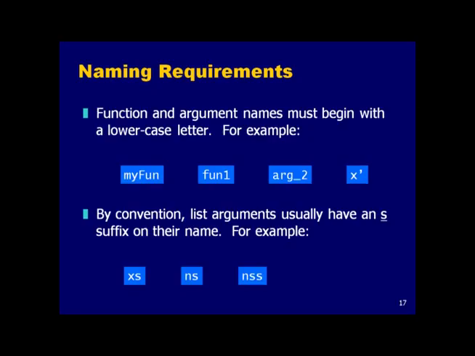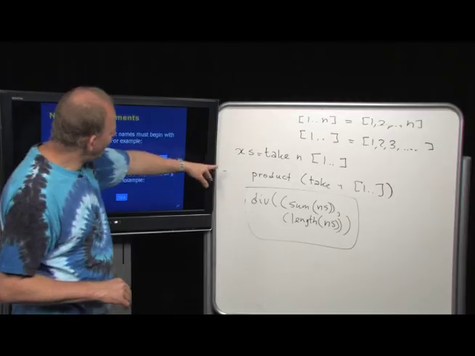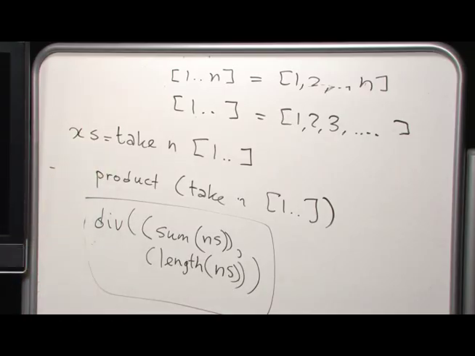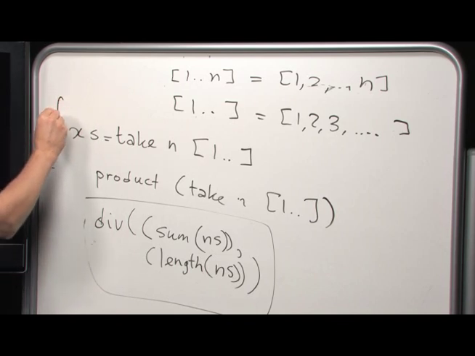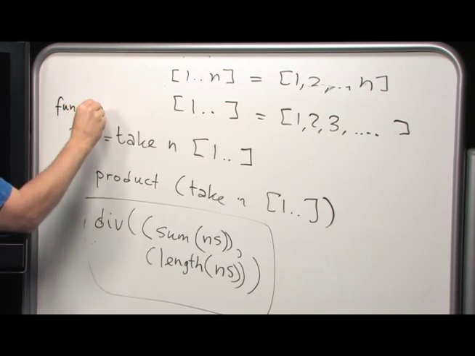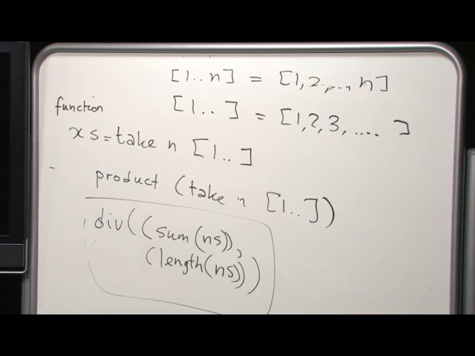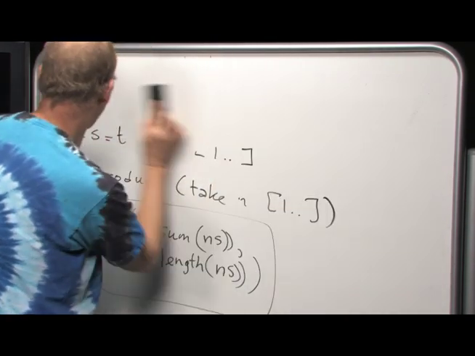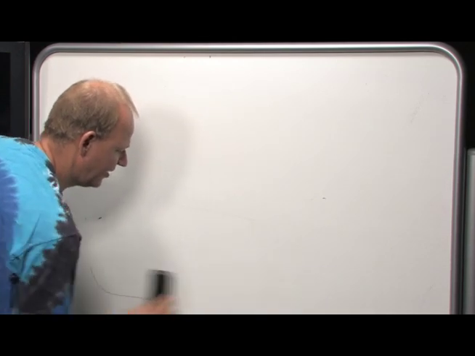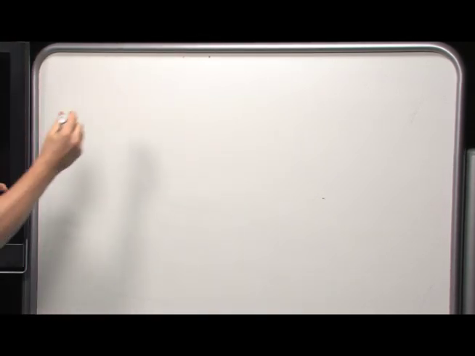Okay, so if you want to read Haskell code, there's a couple of conventions that people use, and syntactically, this is a requirement. In Haskell, functions and arguments must start with lowercase. The reason is that let's write the factorial example again.